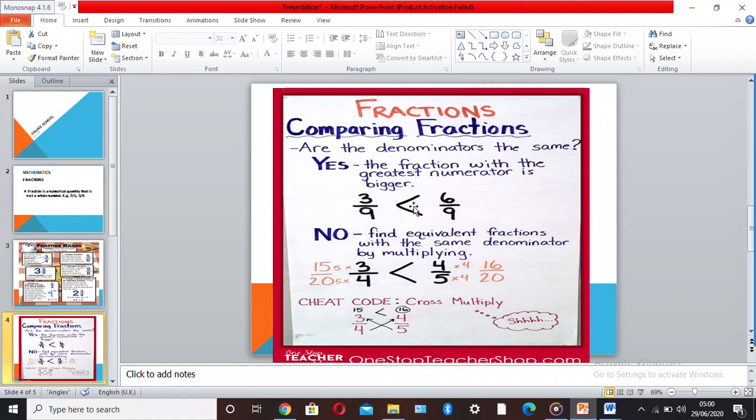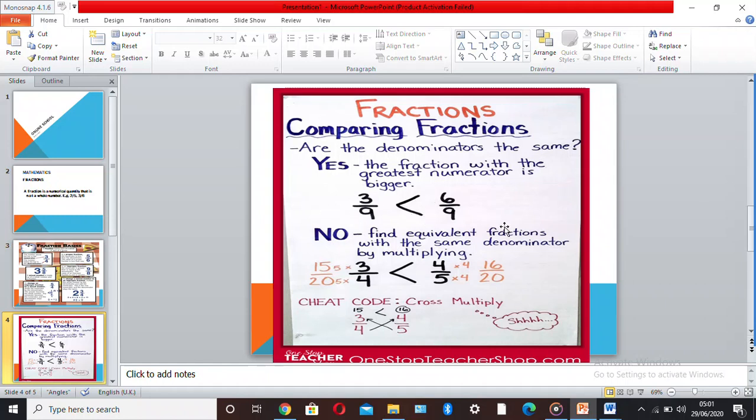I already told you that the number at the top of the bar is the numerator and the number below the bar is the denominator. So if we are comparing fractions, we want to ask, are the denominators the same? Check it out.